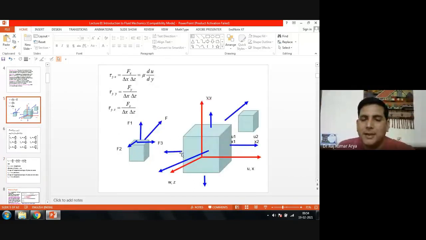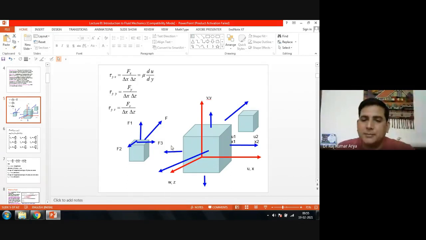And now think about this side, because you are talking about the motion going to this side. Here at the center, the velocity is u, from where the motion is just starting. Now, if you go to the back side using the Taylor series expansion, the velocity would be slightly lower.